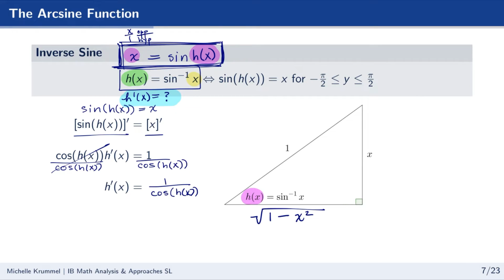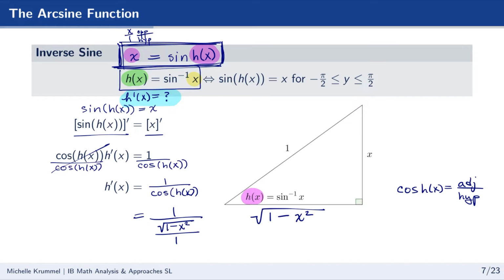And now I can figure out the cosine of h of x because I know the cosine of h is just the adjacent side length over the hypotenuse. And the adjacent side length is the square root of 1 minus x squared over, and the hypotenuse is 1.